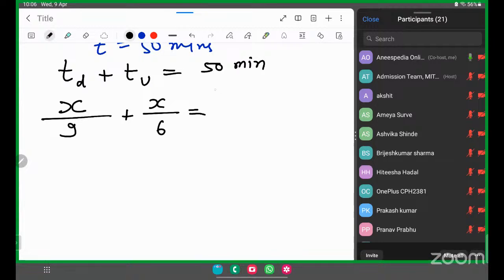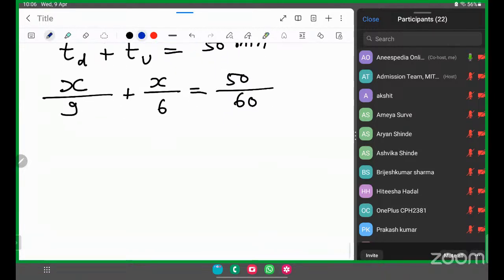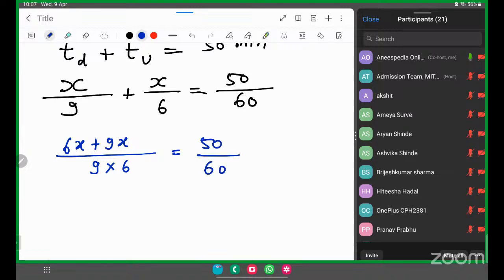On the right hand side we have time in minutes, so we have to convert it into hours, divided by 60. Now we can simplify it. This will be 6x plus 9x divided by 9 into 6 is equal to 50 by 60.